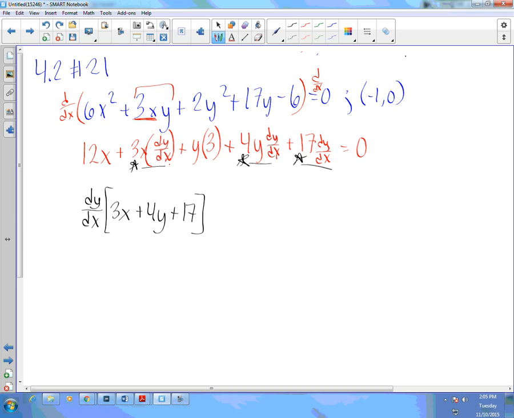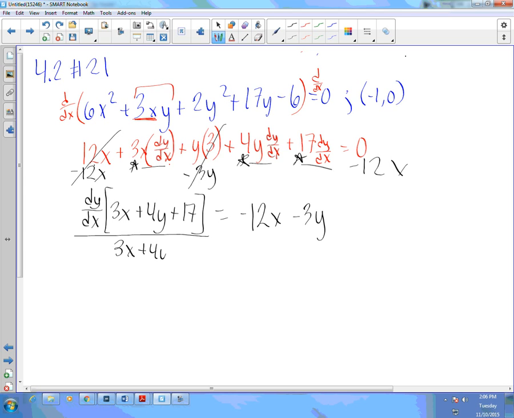Then I'm going to move the terms that don't have a dy dx to the other side, and solve for dy dx. Divide everything by 3x plus 4y plus 17. So that's what dy dx equals.